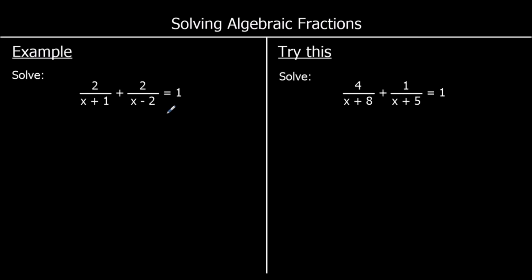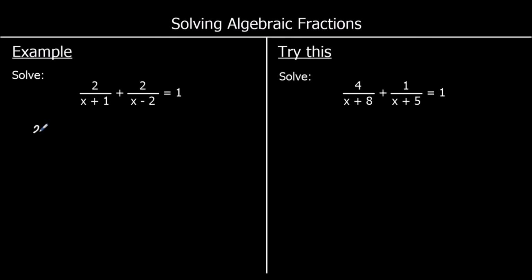So to make the denominators the same, I'm going to multiply top and bottom of 2 over x plus 1 by x minus 2. And I'm going to multiply the top and bottom of 2 over x minus 2 by x plus 1.